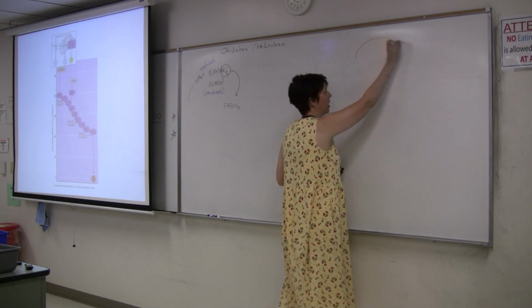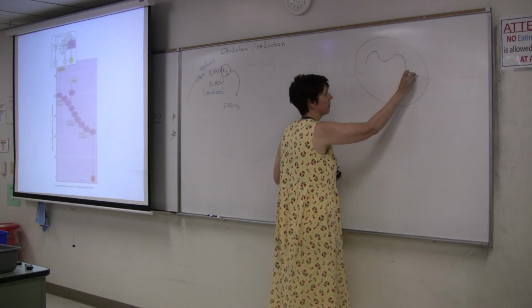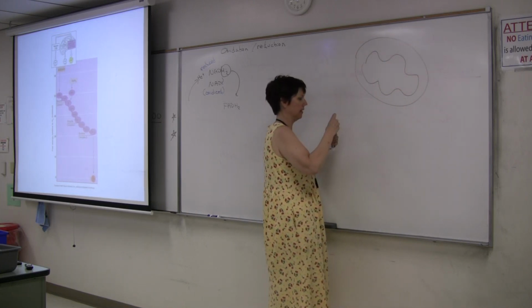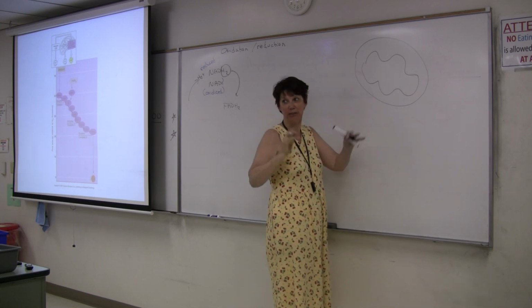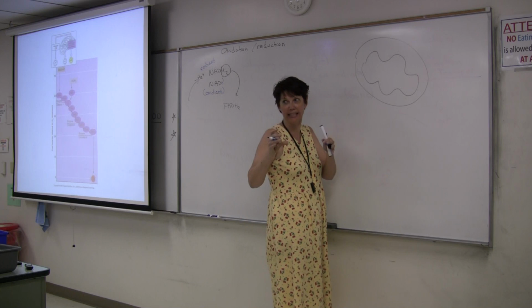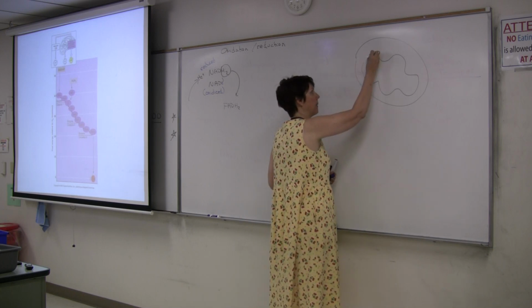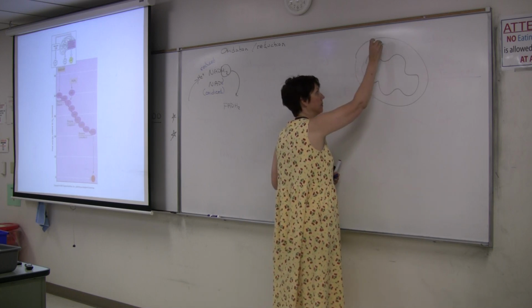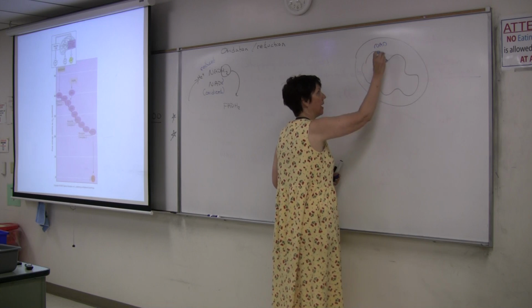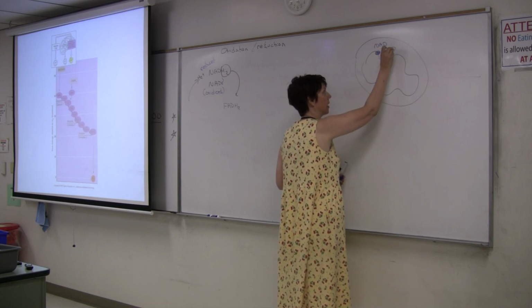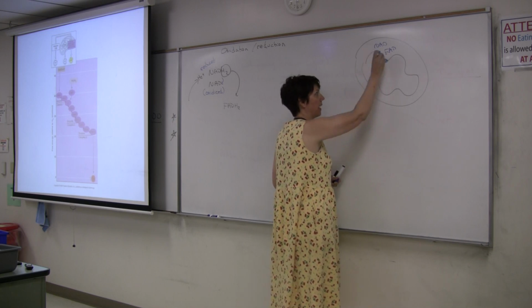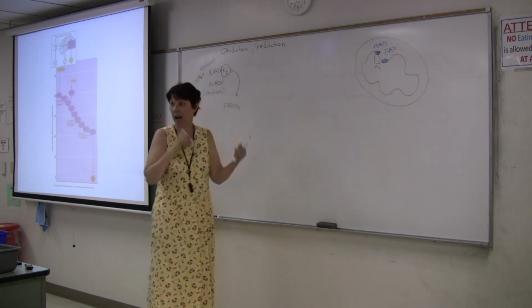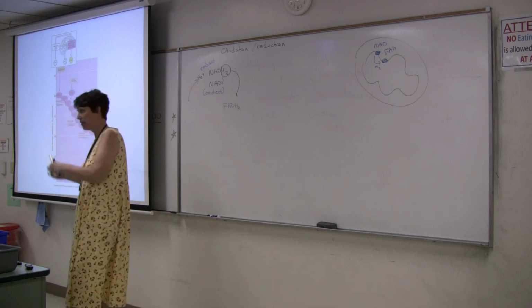So if this is our mitochondria again, and here's our crista. Again, these can be moving around, so just because I draw them side by side doesn't mean they're physically side by side. But here would be NAD, here would be FAD, and the hydrogen has been transported to the FAD, oxidizing the NAD, reducing the FAD.